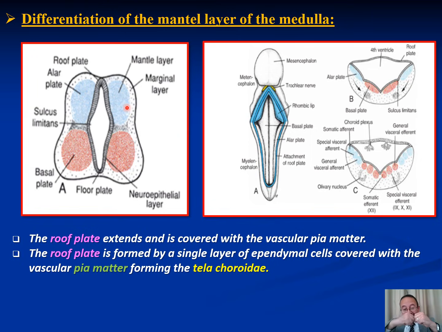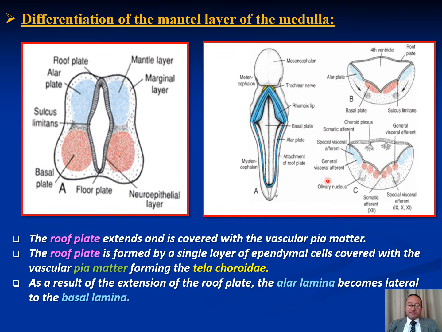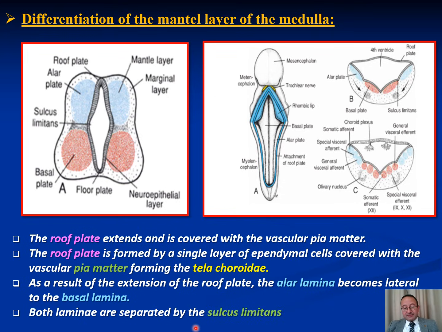The alar lamina becomes lateral to the basal lamina. It's very important. And both of them are separated by the sulcus limitans that differentiates between sensory and motor nuclei present in the medulla.